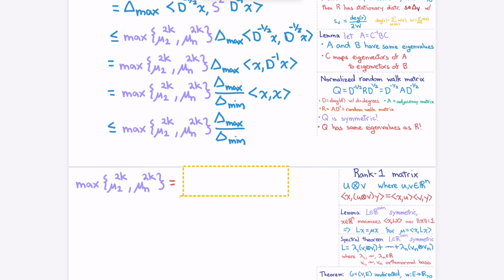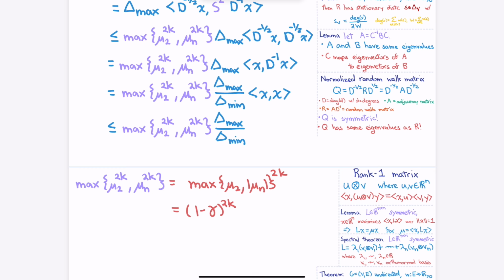So this crazy max term, I could put the 2k on the outside. You probably don't remember, it's just a name, so it's not that interesting, but this was actually equal to 1 minus gamma. Gamma was measuring the difference between 1 and mu2, or -1 and mu n.